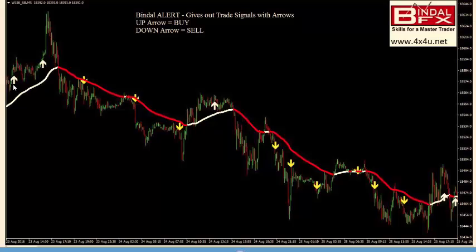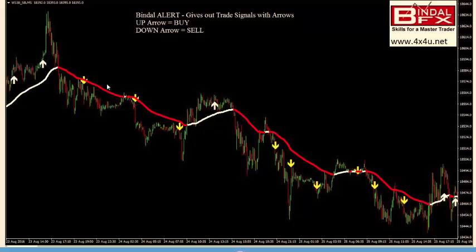Up arrow means I'm looking to buy, and as you can see here, it gives you opportunities to add to your winners. We advise members to break your position into two parts, TP1 and TP2, and at every pullback we are looking to add to the winners.